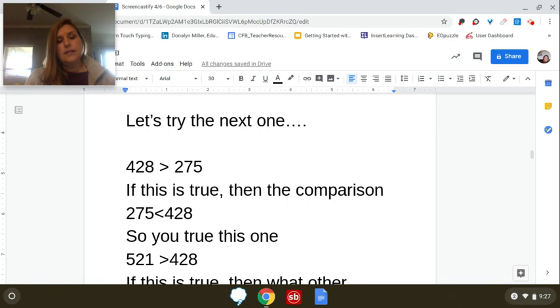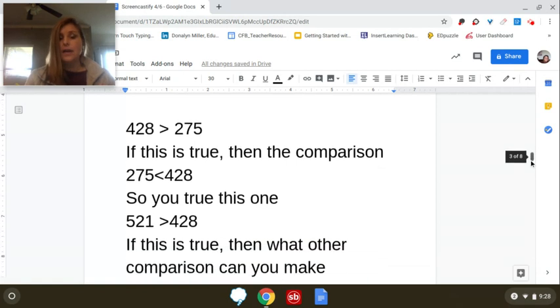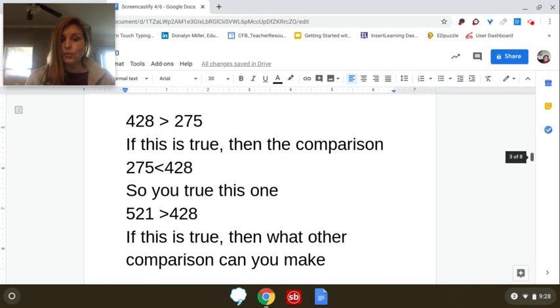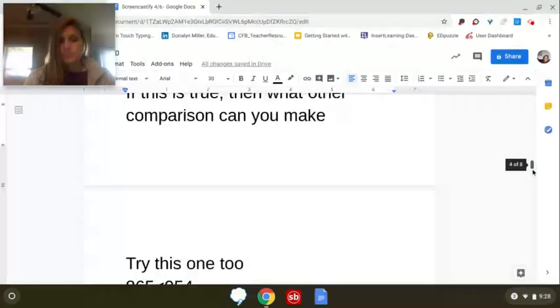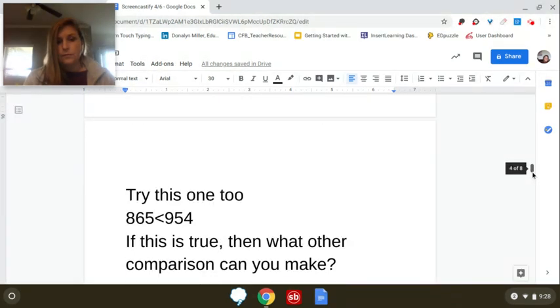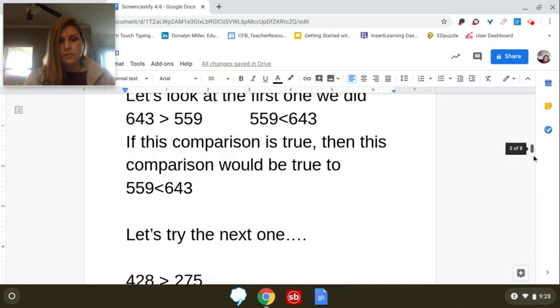Let's look at this next one. 521 is greater than 428. If that's true, then I also know that I can flip those 2 numbers and I can flip the sign and make another comparison that is true.